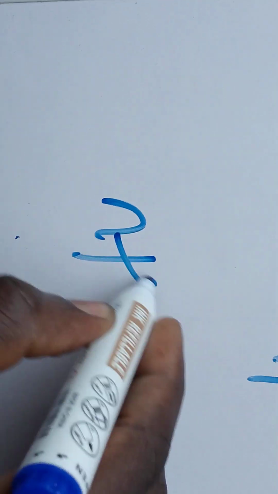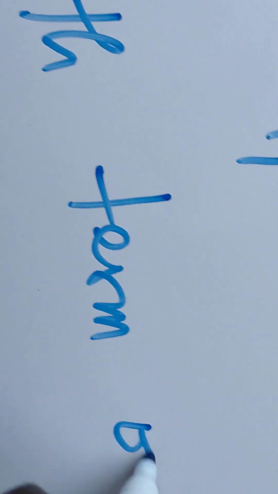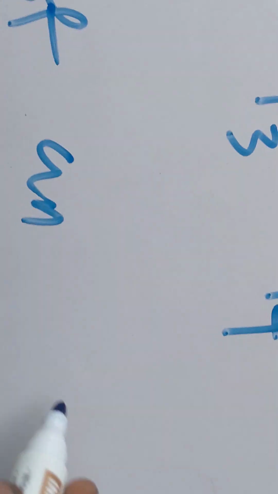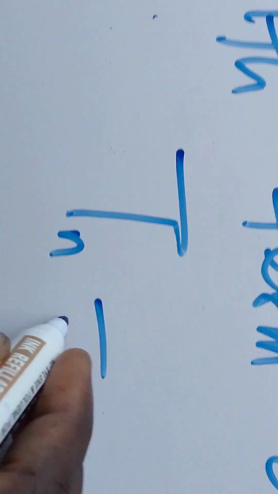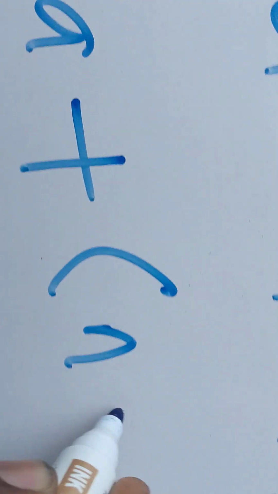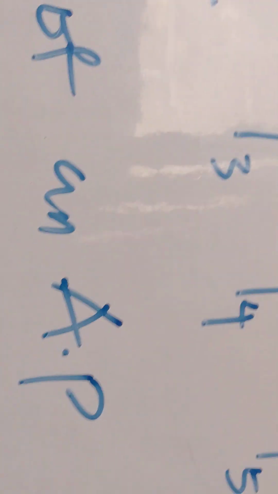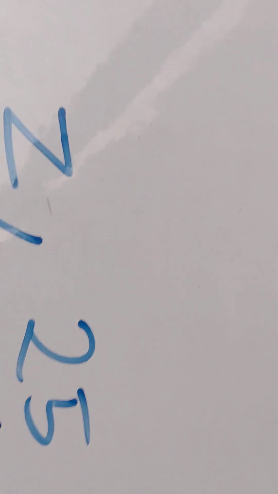Also take note that the nth term of an arithmetic progression is Tn equal to a plus n minus 1 times d. If that is the case, you go to the fifth term, T5, which is equal to 25.